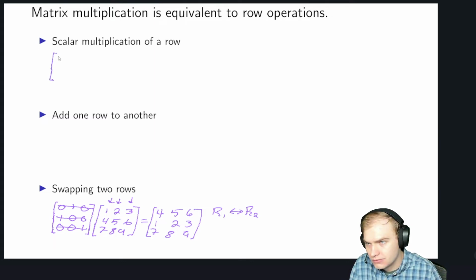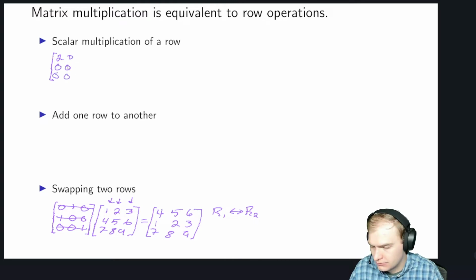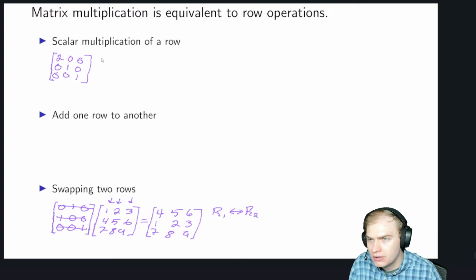So let's try taking the scalar multiple of a row instead. I'm going to define this matrix, times our same matrix.